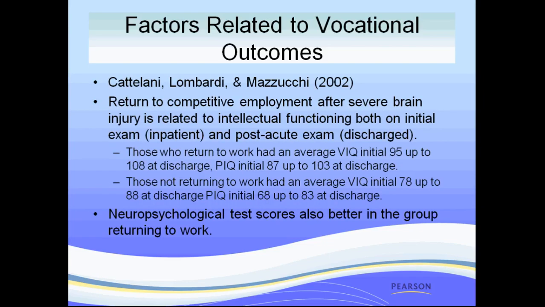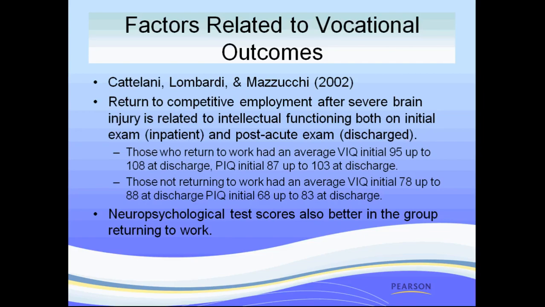Returning to competitive employment after brain injury is related to intellectual functioning on initial exam and post-acute exam. So this is important in terms of when we're evaluating children. We know that the kids who are more impaired right after the injury are going to recover some function.